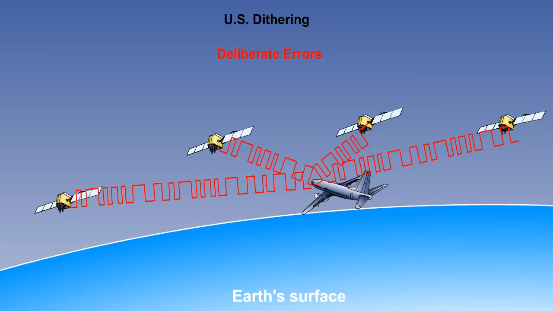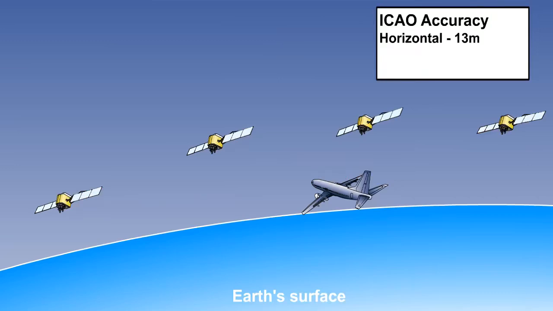This has now been removed, and it has been stated that it will not be reintroduced, as the US can now switch off the signal at will over selected parts of the world. The accuracy required by ICAO is plus or minus 13 meters in the horizontal, plus or minus 22 meters in the vertical, and 40 nanoseconds in time.